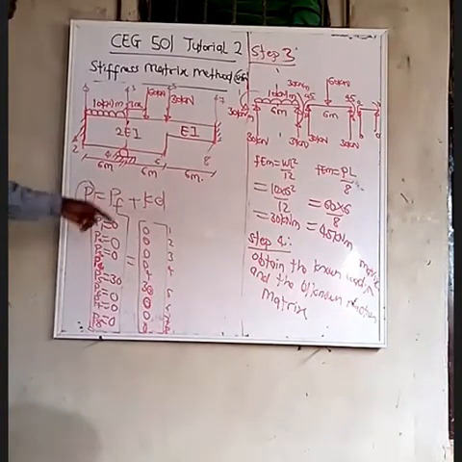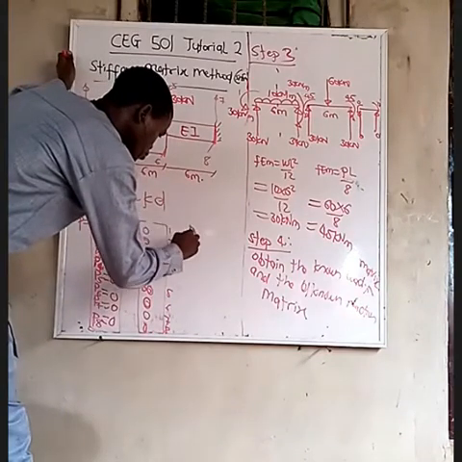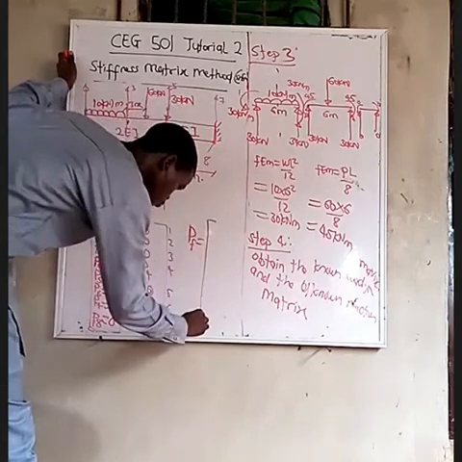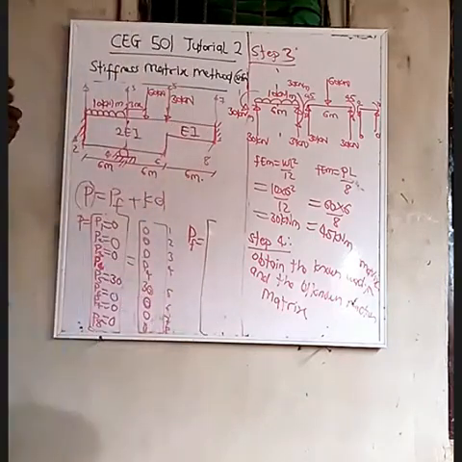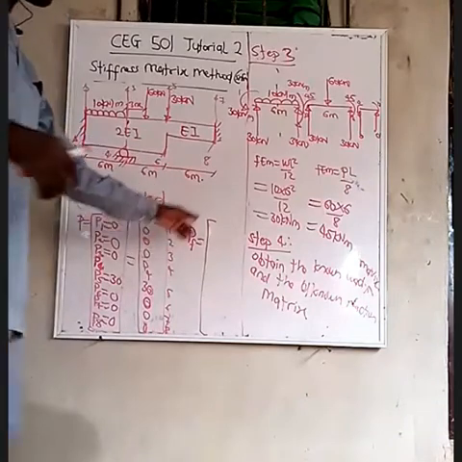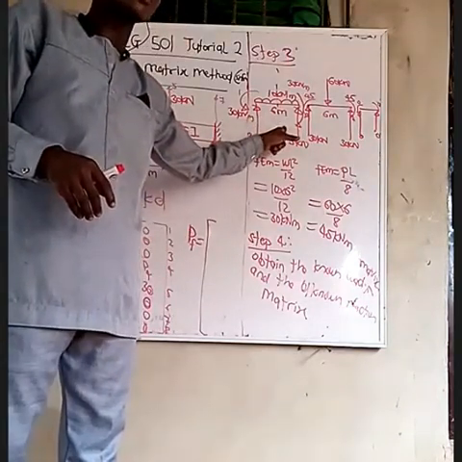1, 2, 3, 4, 5, 6, 7, 8. So also, you need to do the same for the PF. PF could be movement, could be load. So how do we know the PF?